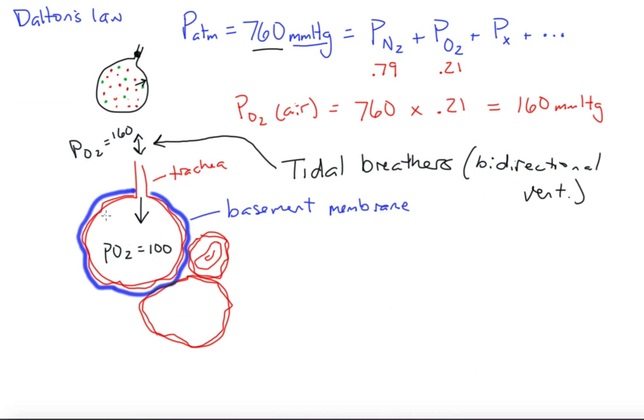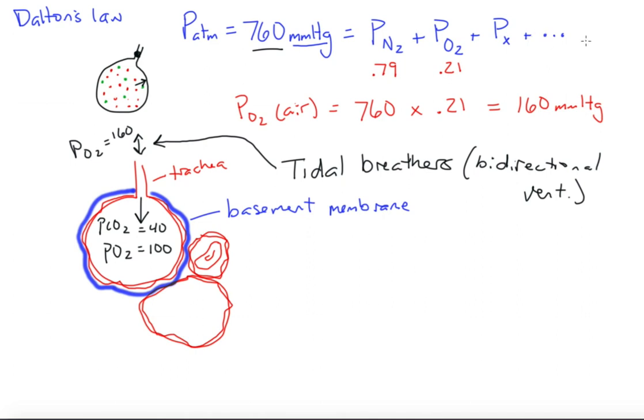And again, one of the reasons for that is the CO2 in this alveolar air is going to equal about 40. Well, in air out here, we didn't even include it. It's actually much less than 1 millimeter of mercury.